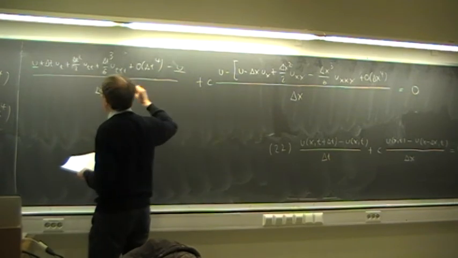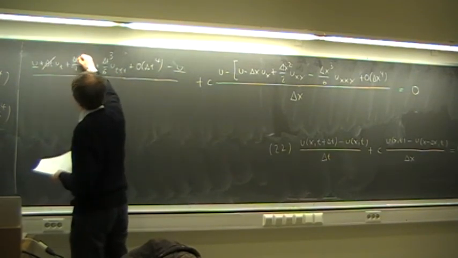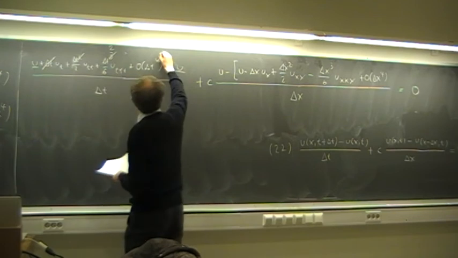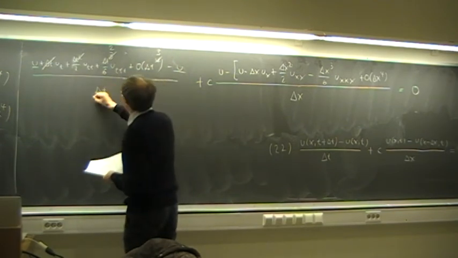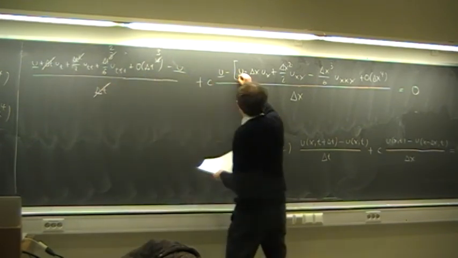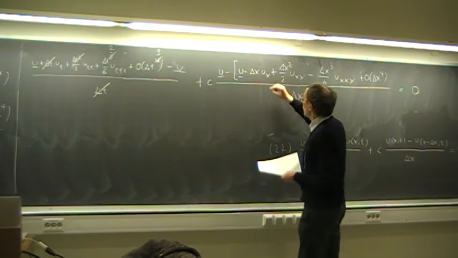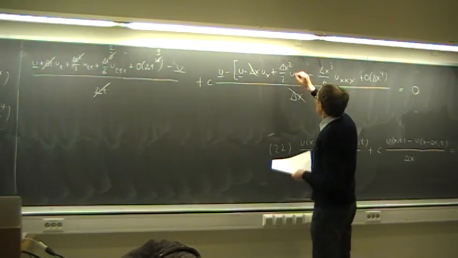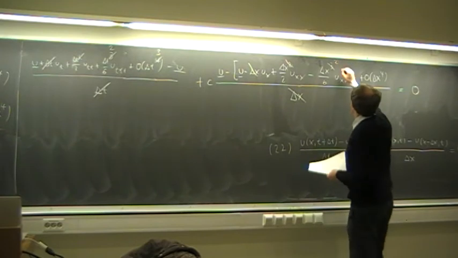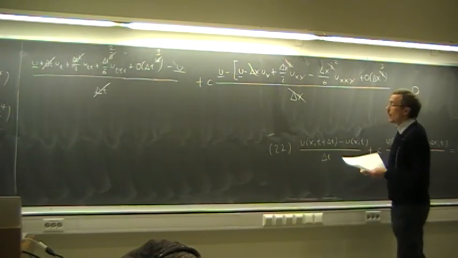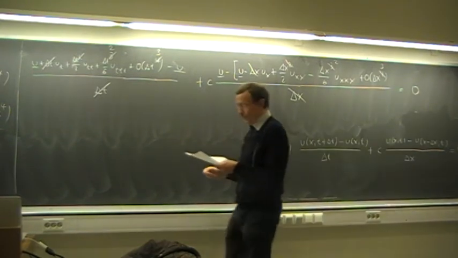U cancels, we can factorize delta t. And here u also cancels. We can factorize delta x, and then we get the following.